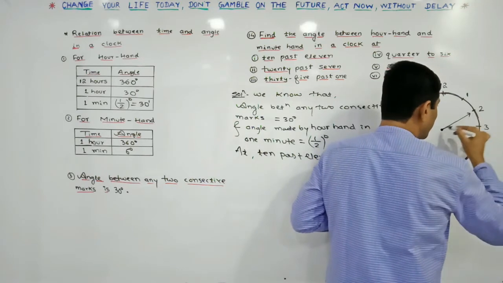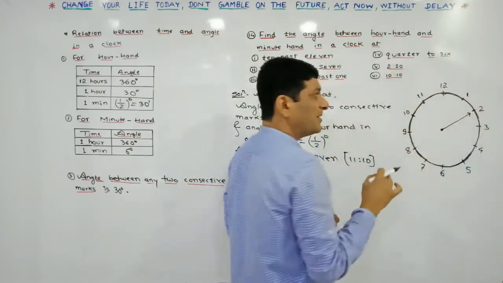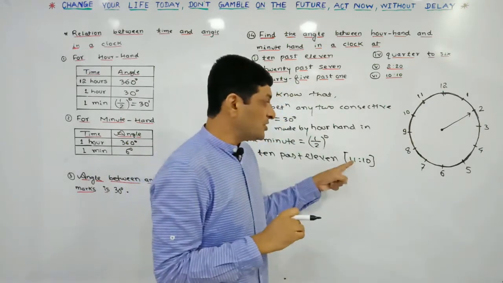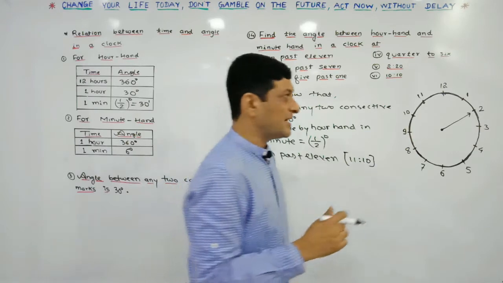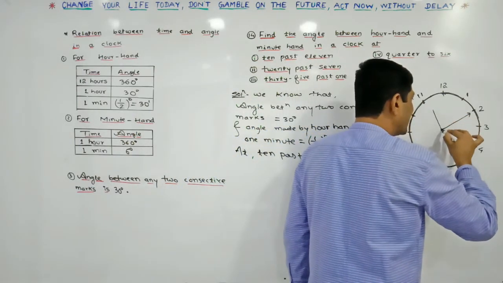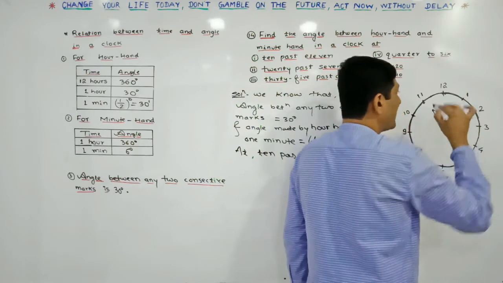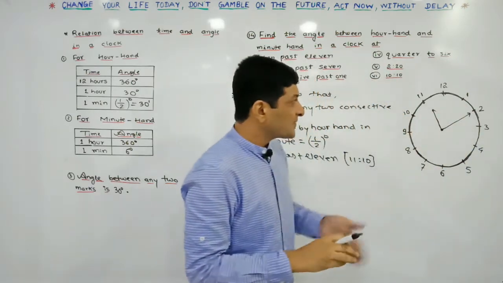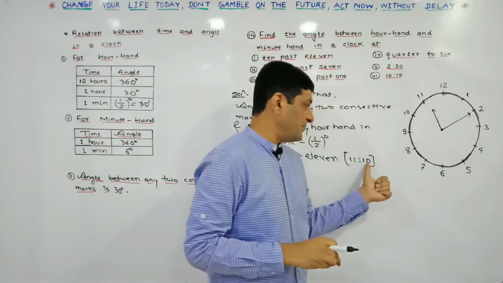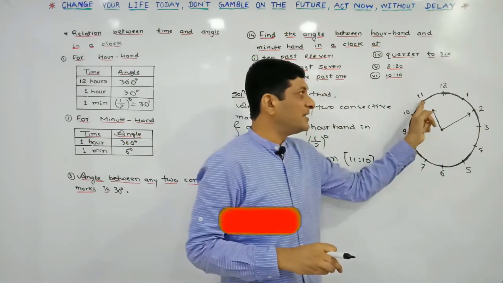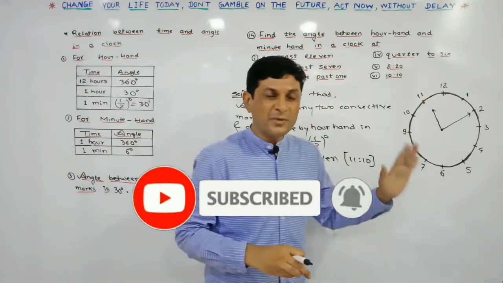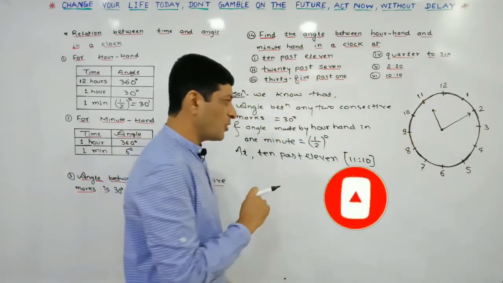The position of the hour hand at 11:10 is in between mark 11 and mark 12, because some part will be crossed by the hour hand in 10 minutes.